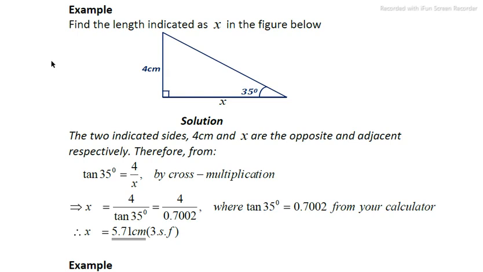Probably that is the tangent. So we shall say tan of 35 equals opposite 4 over adjacent, which is x. And therefore, when we get tan 35 equaling 4 over x, we cross multiply and divide by the tan of 35 to find the value of x. So x is 5.71.